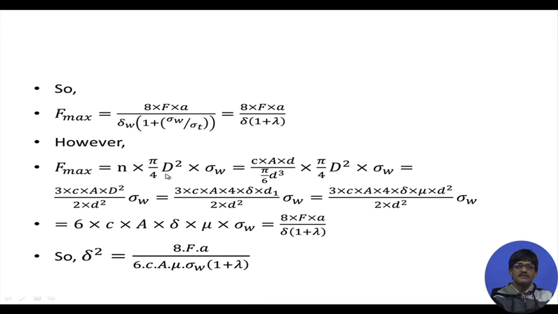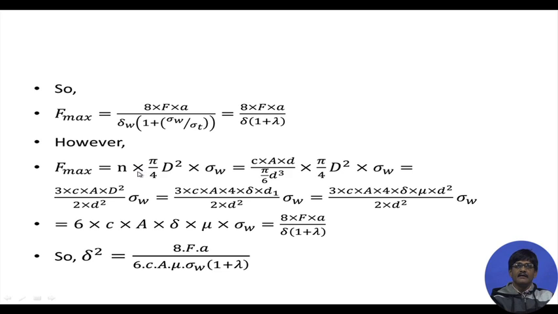What is this force? This force is simply sigma W or HW, whichever you would prefer to use here, sigma W multiplied by the projected area. So there is nothing wrong here. This is the small amount of force per abrasive, and this is the total number of abrasives. So we are multiplying N to get the total force coming from these individual abrasives.